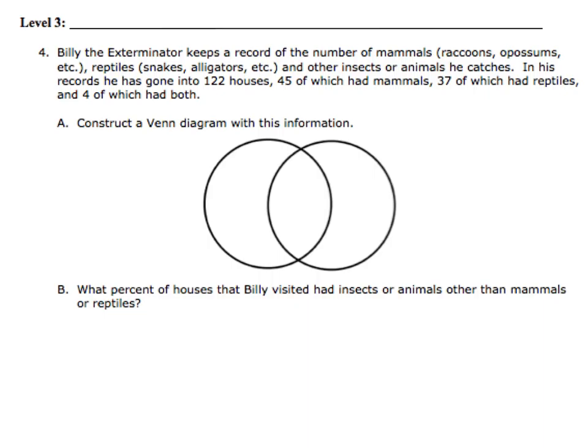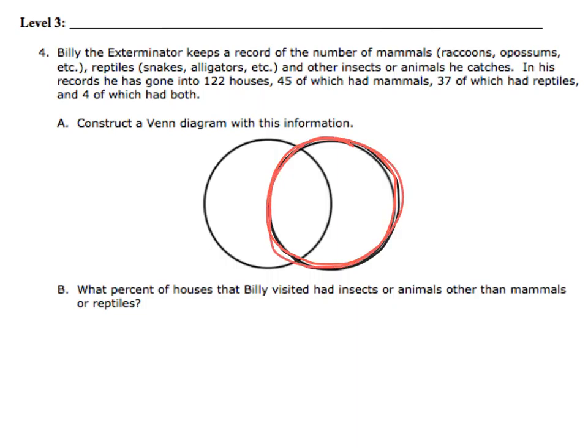So Billy the Exterminator keeps a record of the number of mammals and reptiles and other insects or animals he catches. In his records, he has gone to 122 houses, 45 of which had mammals and 37 had reptiles. 4 had both. Construct a Venn diagram for this. So what we have here is one circle. Let's make this red.